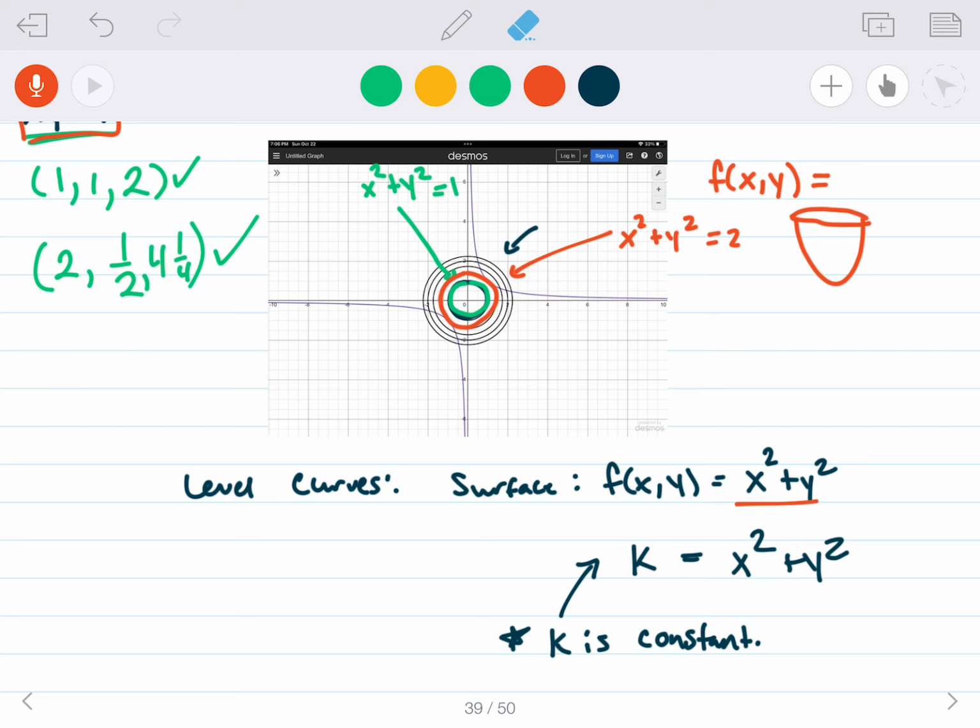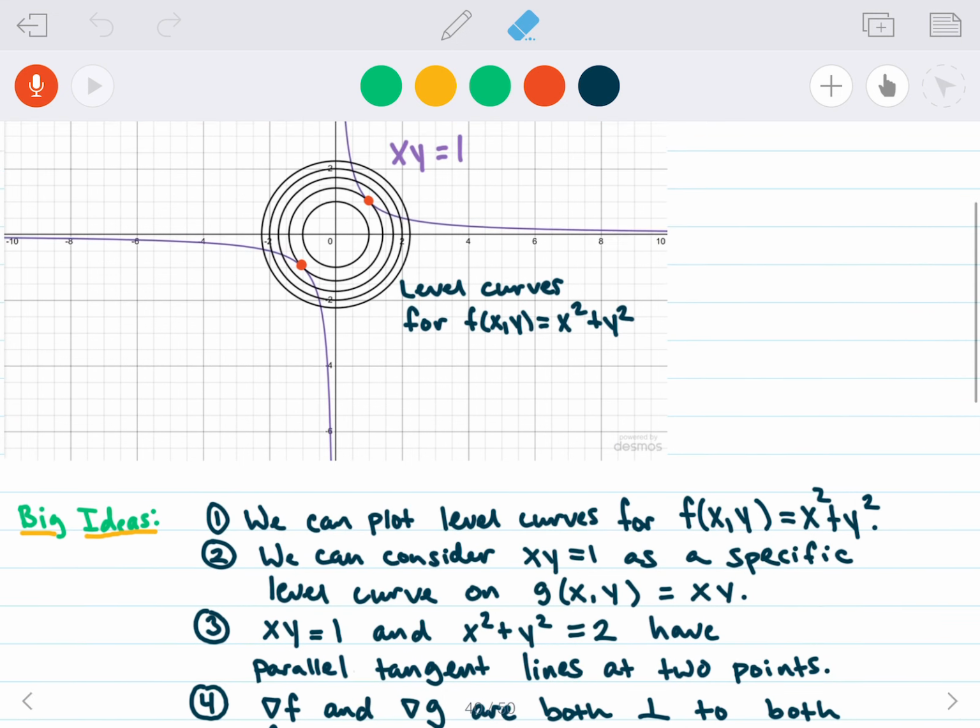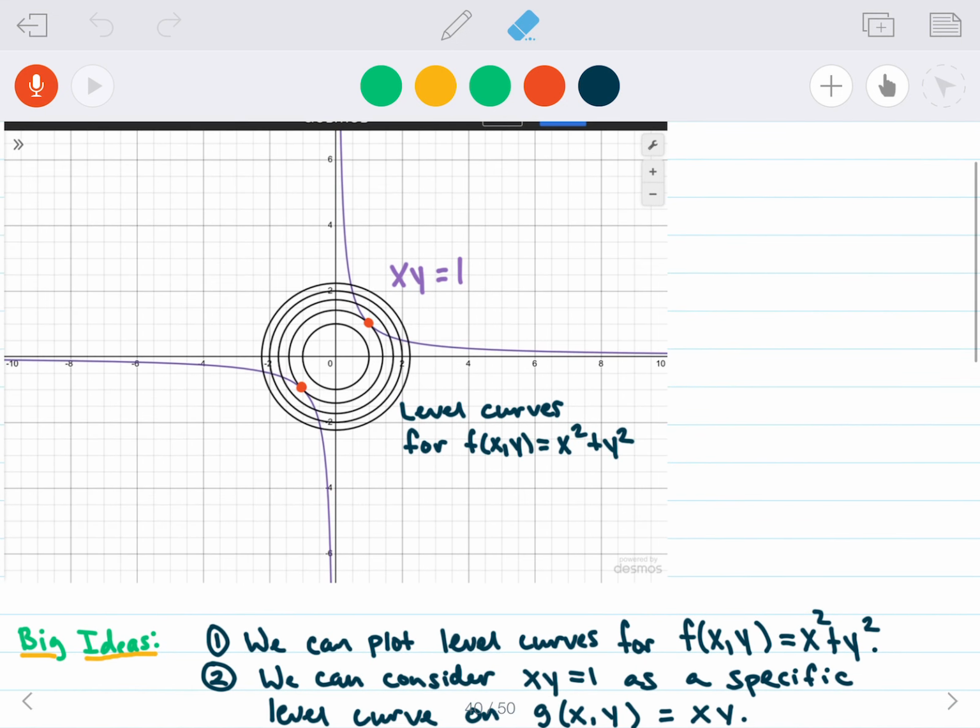I plotted some level curves, and again, these are just telling me different values of z as I vary along x and y. As I move along x and y, what are my corresponding z values? Okay, so let's go ahead and look at our next slide and talk a little bit more in depth about what's going on here.